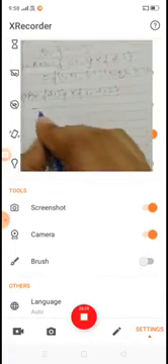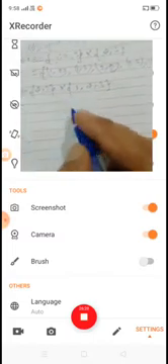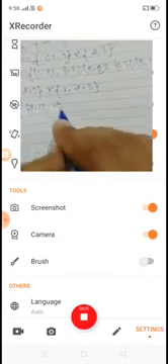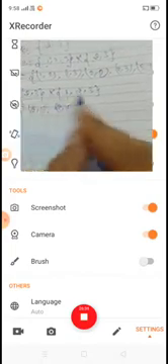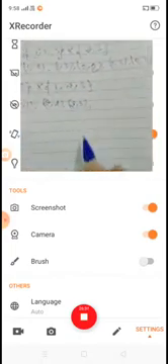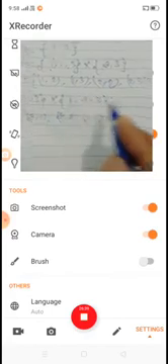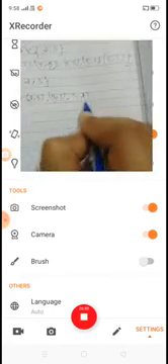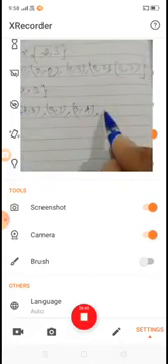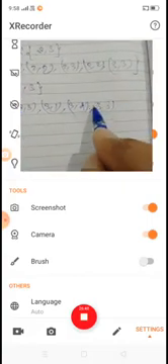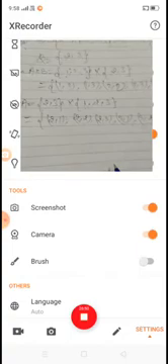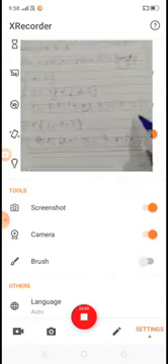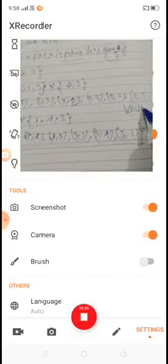So we have (2,1), (2,2), (2,3). Okay. Now (3,1), (3,2), and finally (3,3). This is the required value of B cross A.